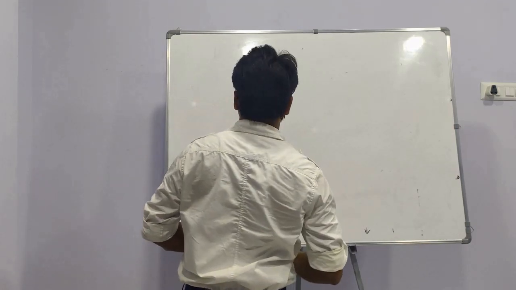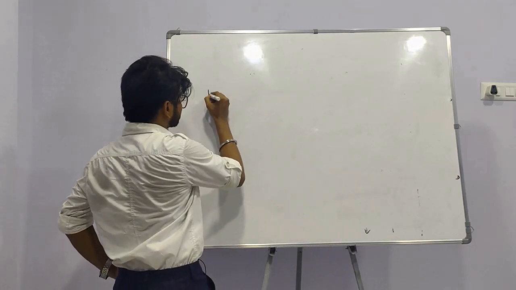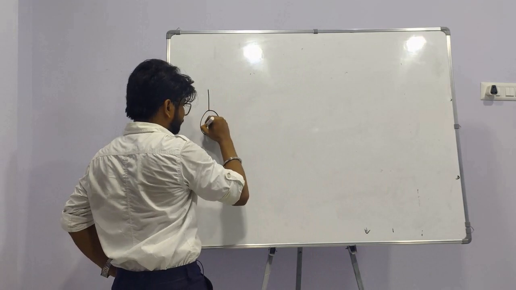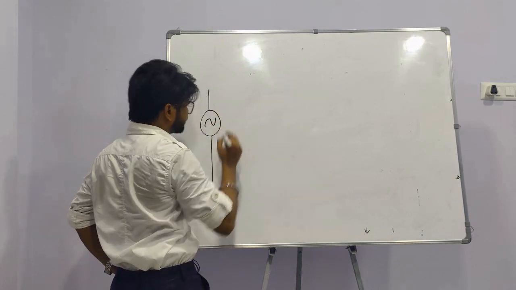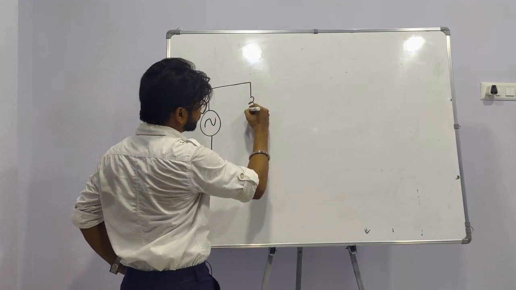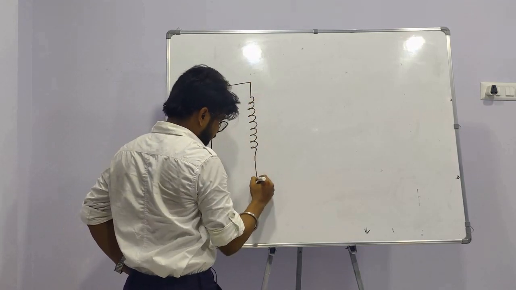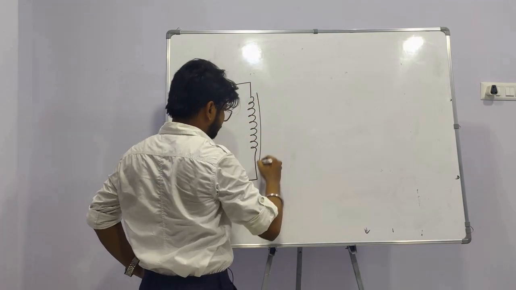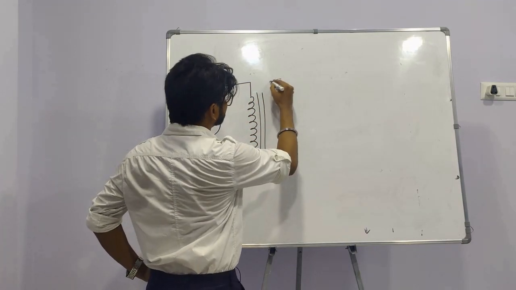So let us draw its diagram. It includes an AC signal connected with a transformer, a core.